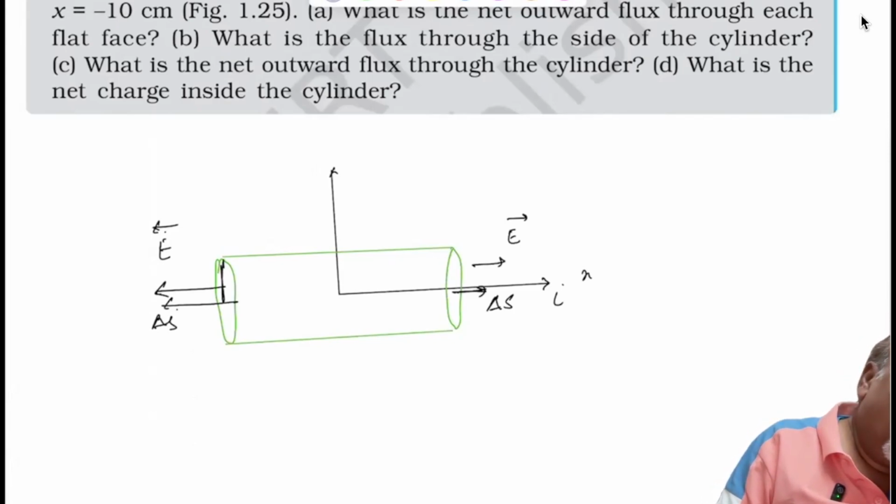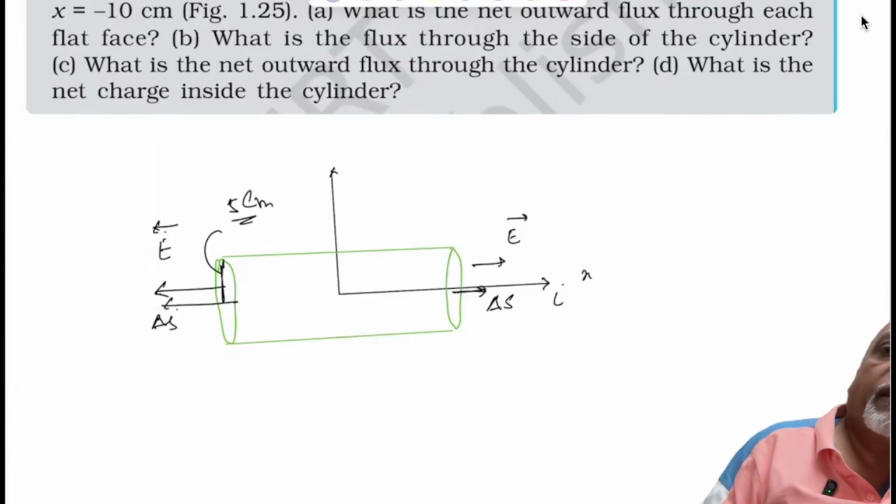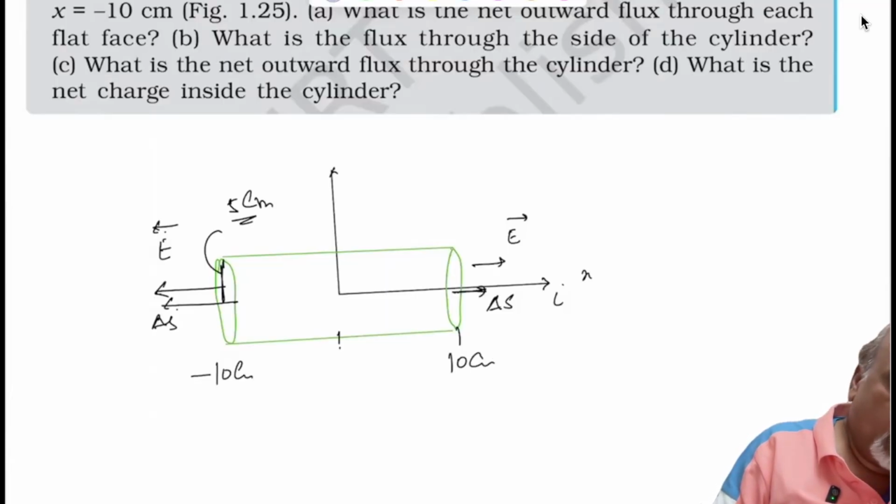The radius is given as 5 centimeter. Correct? And this distance is minus 10 centimeter, this is plus 10 centimeter, so basically this is a complete 20 centimeter.